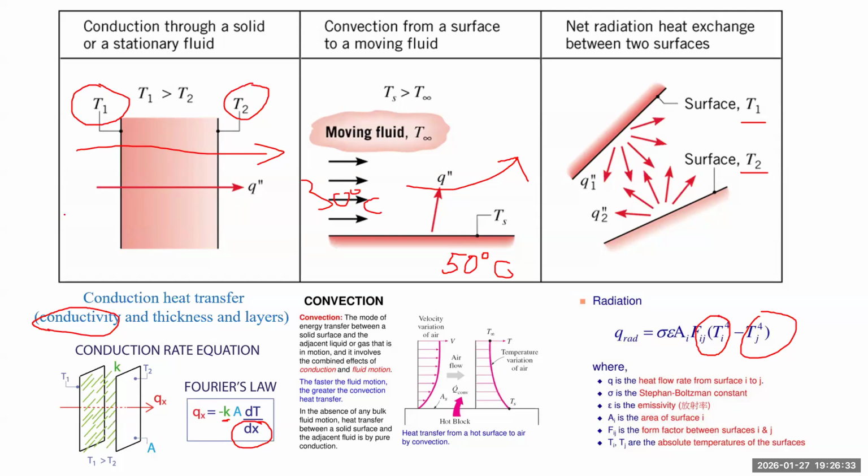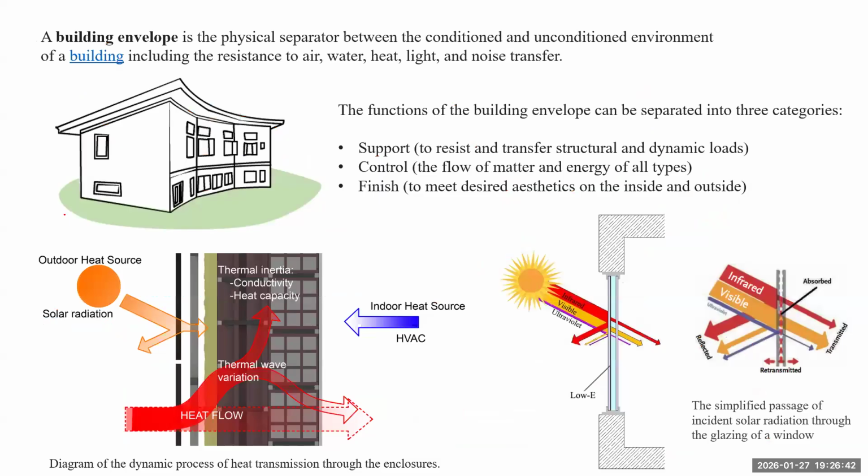So those are the principles of heat and mass transfer. Then let's look at our building, which is more complicated. For example, this wall: in fact, it's not only heat transfer.